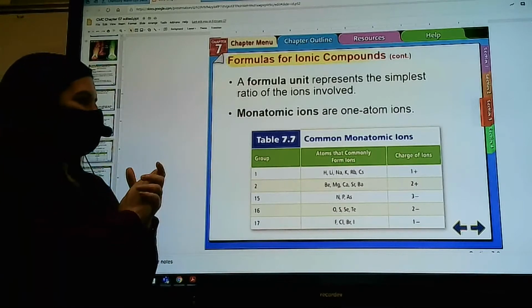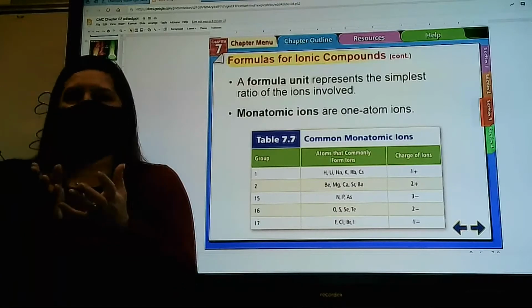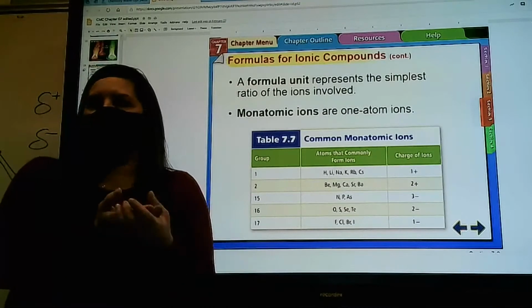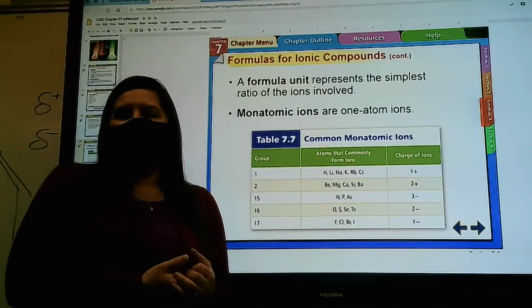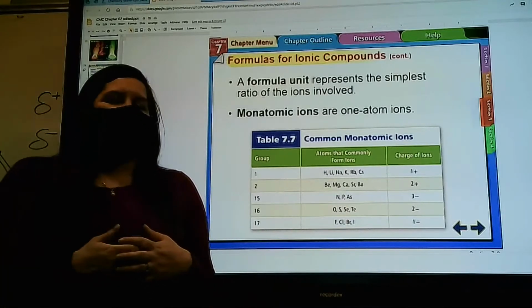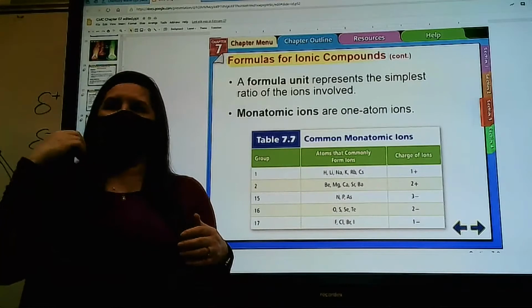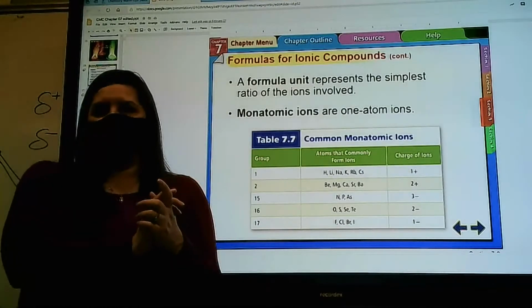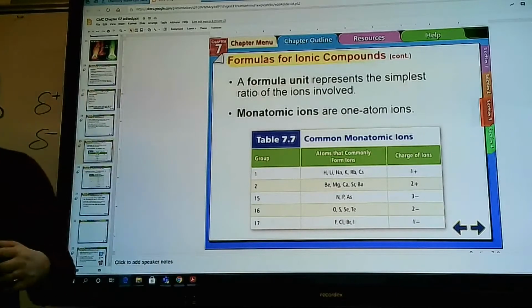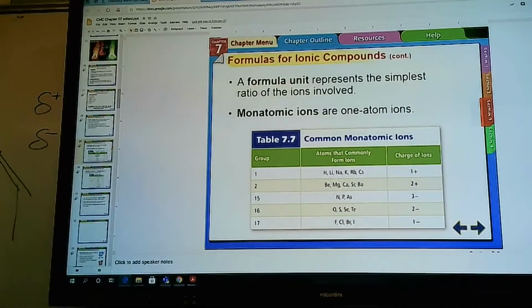If I say monatomic ions, I just mean the atom itself after it has gained or lost electrons. So after lithium loses an electron, it is now a lithium with a +1. That's a monatomic ion because it's by itself, not bonded yet to something else. You would see monatomic ions more when they're dissolved in other substances.